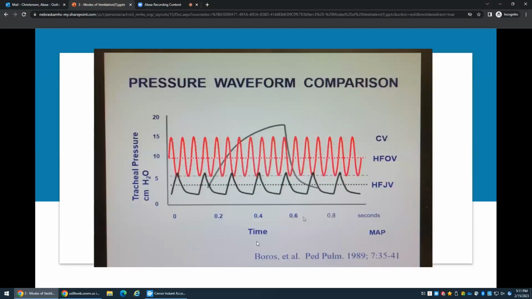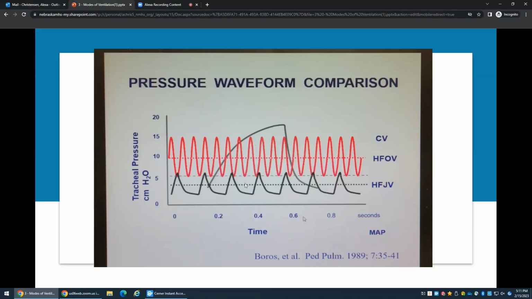Okay. Just a quick slide. This is similar to the one I showed you at the beginning on the oscillator slide, but again, this is that regular breath, conventional ventilator, just how you and I breathe. We've got this high pressure at inspiration. Here is the oscillator breath, and here's our mean airway pressure.